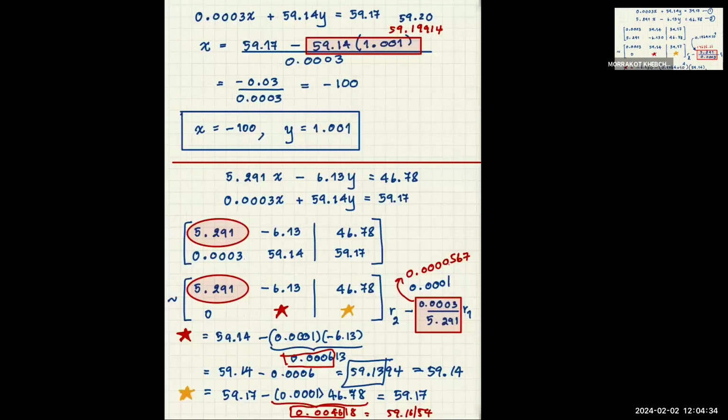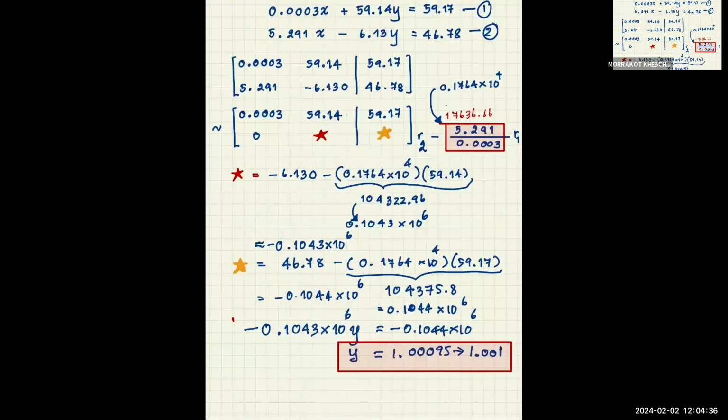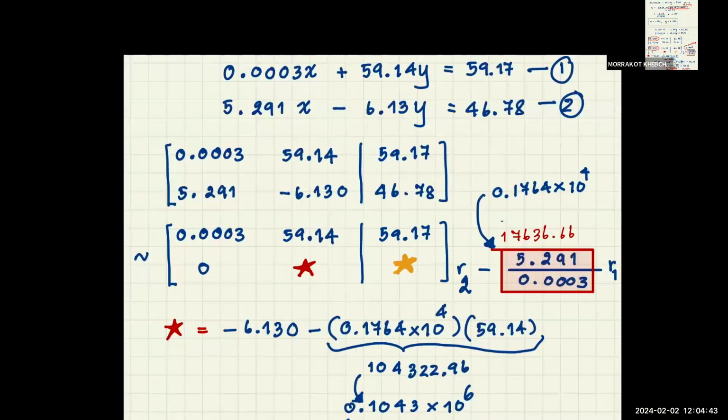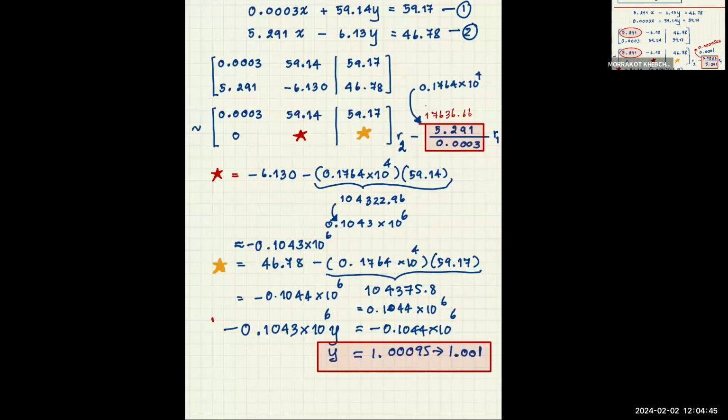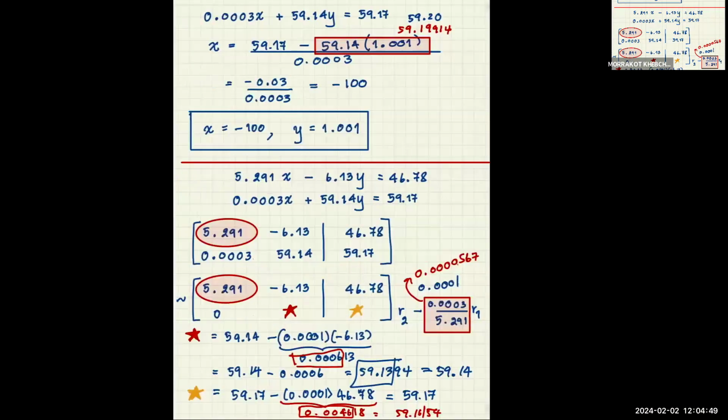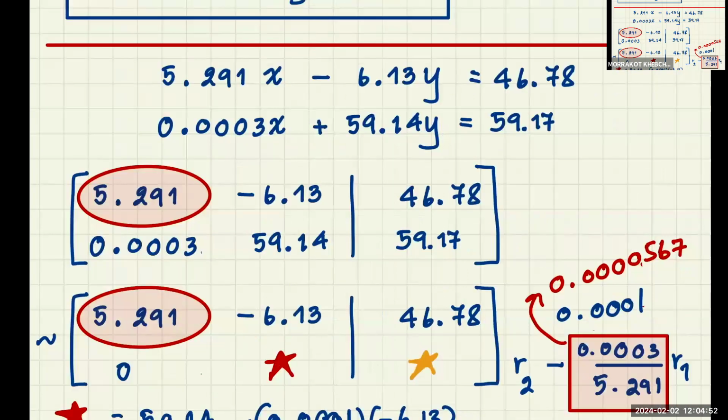But now I have problem number 1. Okay. In problem number 1, you remember that 0.0003 is on the top, it's called the first one. And then system number 2, I have 5.291 as the first one. I have system number 1 and system number 2.